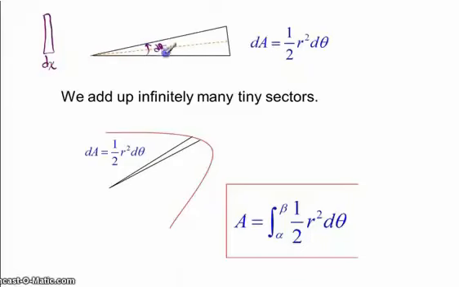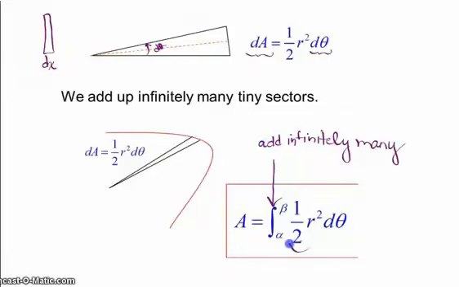So tiny changes in theta, in our angle measure, lead us to really tiny sectors of our circle, really tiny changes in the area. And if we added infinitely many of those, remember the definite integral? This says add infinitely many. So if we add infinitely many little areas of sectors, which we just discovered on the last slide, that's what this represents.